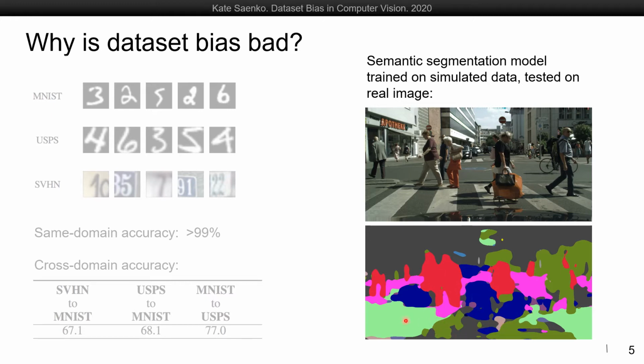The red pixels are meant to be pedestrians, and it's recognizing the road as other categories. It's really not recognizing the road at all. It's very confused. So you can see here the strong effect of domain shift on the accuracy of the model's predictions.